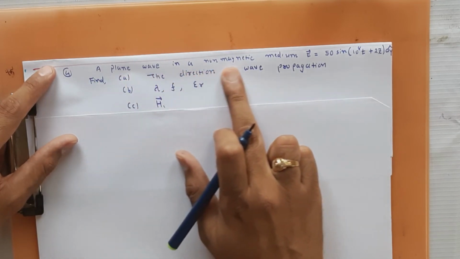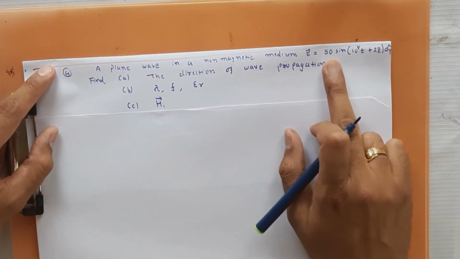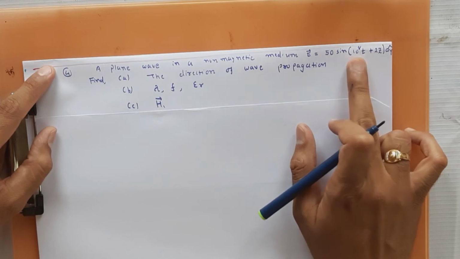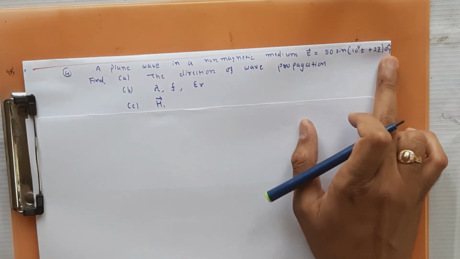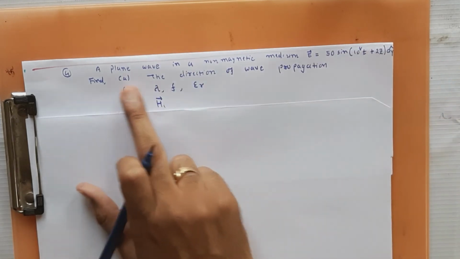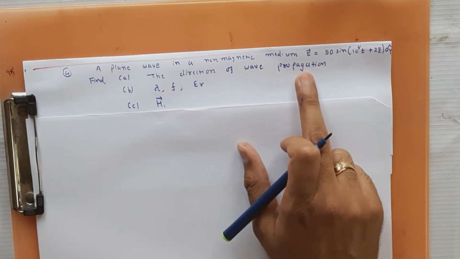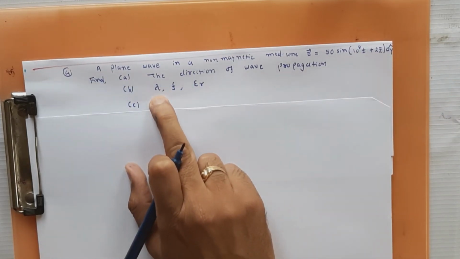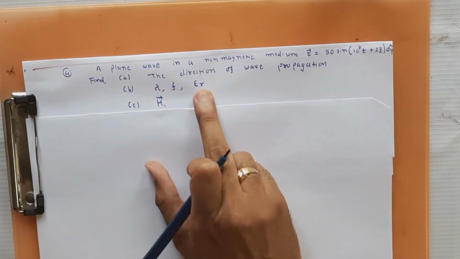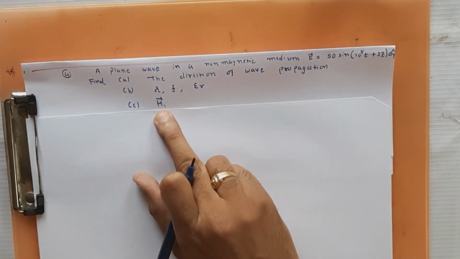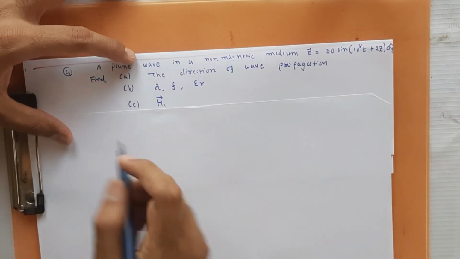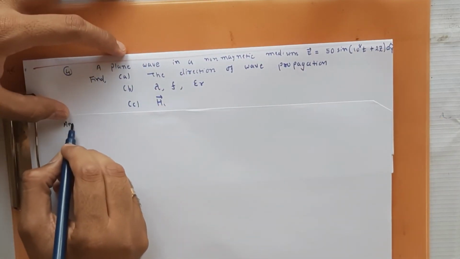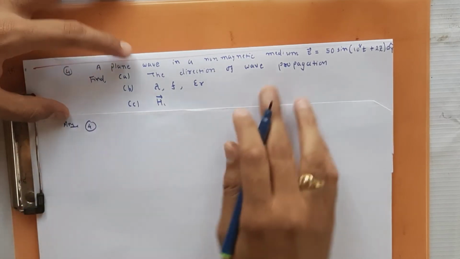A plane wave in a non-magnetic medium, E is equal to 50 sin(10 raised to 8 t plus 2z) AY volt per meter. Find the direction of wave, wavelength lambda, frequency, relative permittivity, and value of H, the magnetic field. So we follow last example, number 4.